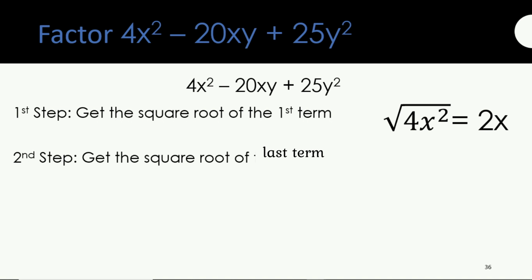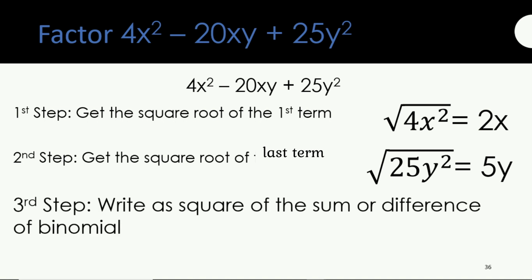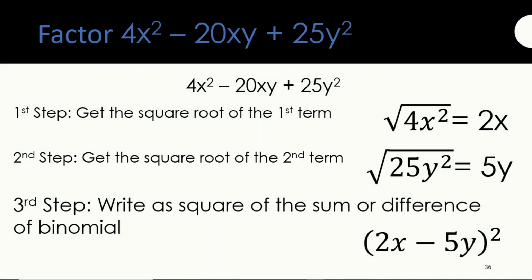Our last term is 25y squared, so the square root of 25y squared is 5y. Then, going to our third step, we will write it as square of the sum or difference of binomial. So we have here 2x minus 5y, placed inside parentheses, then squared.